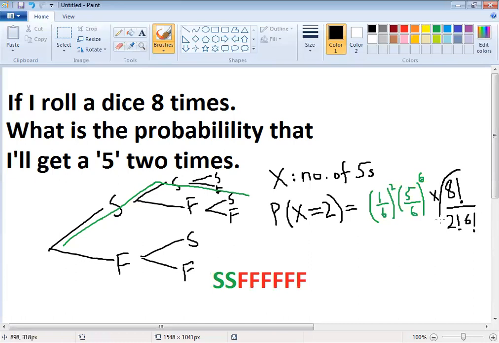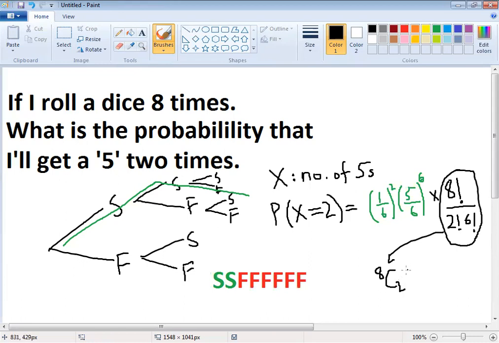Now this entire thing can also be written as 8C2. 8C2, 8C6 भी आप इसको लिख सकते हैं, this entire thing.